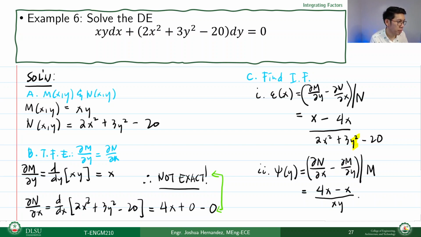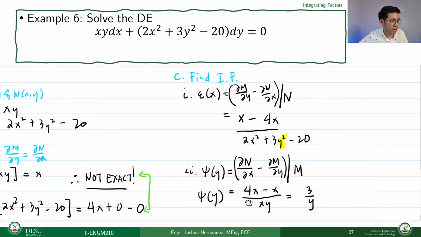Nako, ito mukhang may pag-asa to. Kasi 3x over xy, cancels x. We're left with 3 over y. So, psi of y pala ang ating gagamitin.